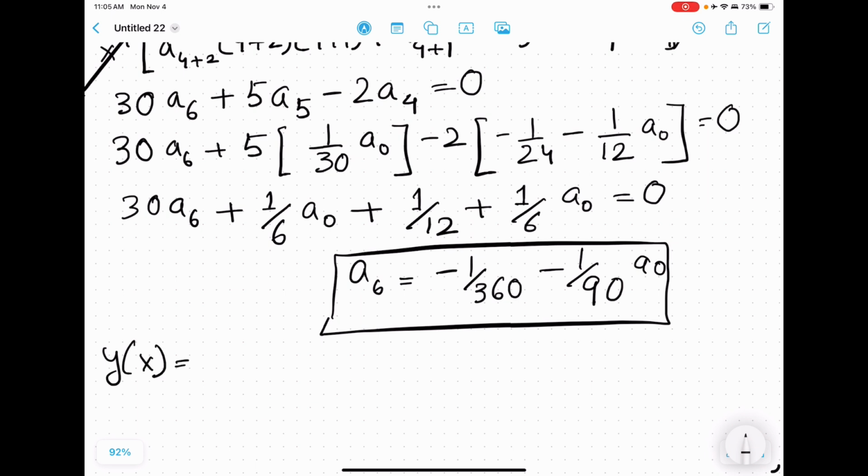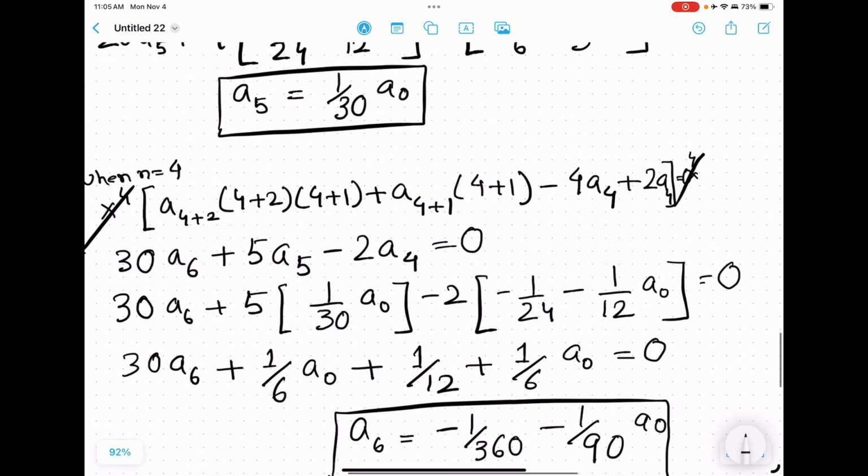So I have my a sub 0, and then plus my a sub 1, which is also an arbitrary number, x, and then I have my a sub 2. Again, my a sub 2 was, if you remember, half minus a sub 0 minus 1 by 2 a sub 1.